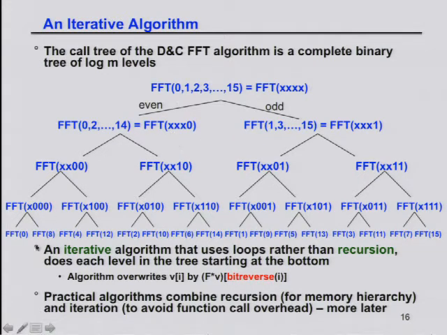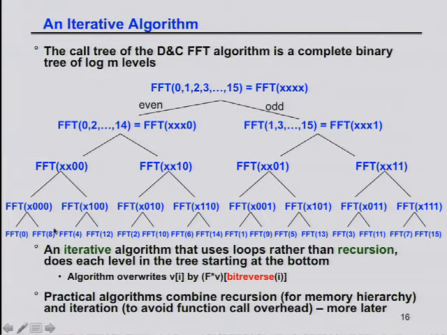Here's the other thing to notice. Look at the order in which the outputs appear: 0, 8, 4, 12, 2, 10. That's not 1, 2, 3, 4, right? That's a different order. So what is the order? This is all 0, and then 1, 0, 0, 0.